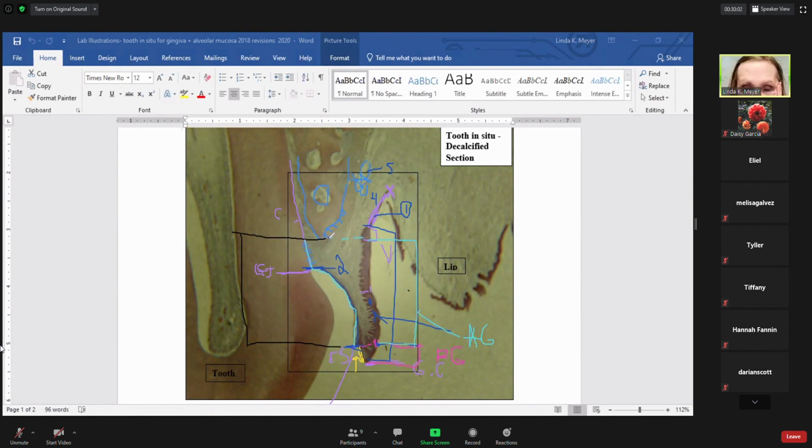And then the gingiva is attached to the alveolar bone right along here. And then it's going to transition into the alveolar mucosa. I'm just drawing an imaginary line there. Here, that turns into the alveolar mucosa. And I have surface epithelium of alveolar mucosa, number 4, lamina propria, number 5, submucosa.